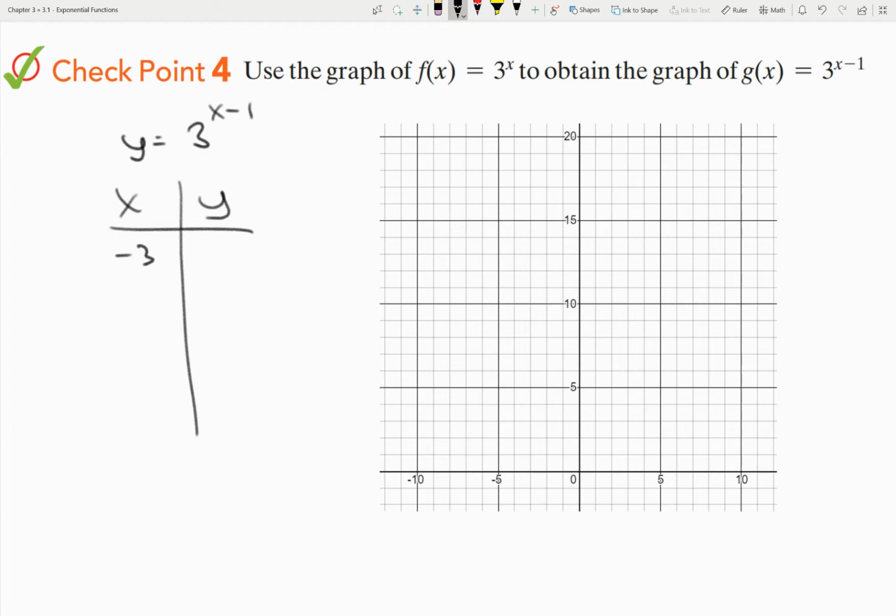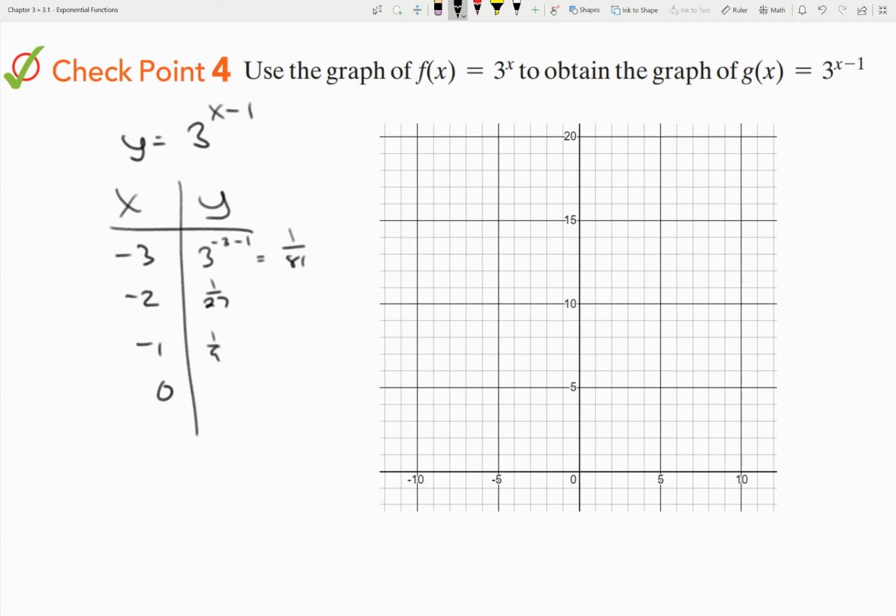As I plug in -3, that becomes 3 to the -3 minus 1, which is 3 to the -4. So that's 1 over 3 to the 4th power, 1 over 81. -2 becomes 1 over 27 now. -1 becomes 1 over 9.